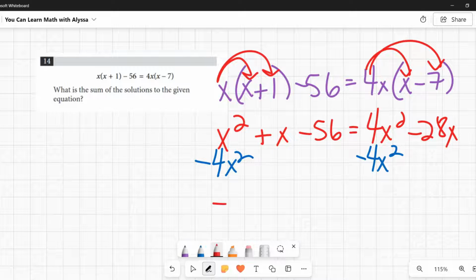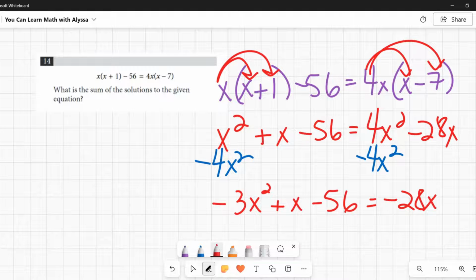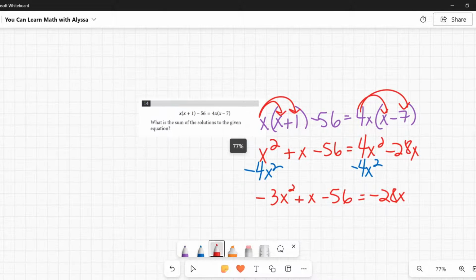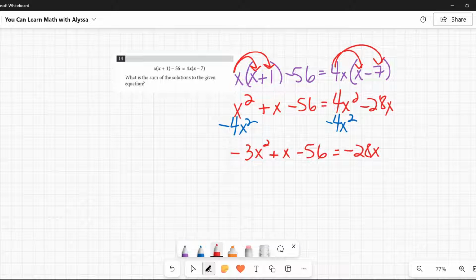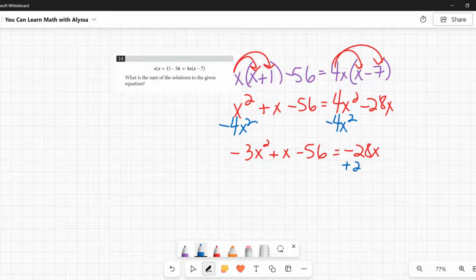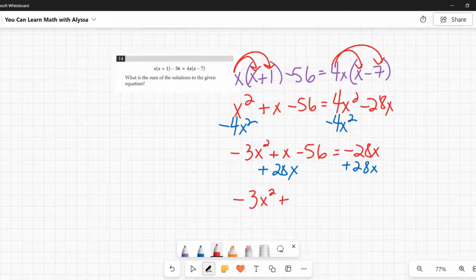That gives me a negative 3x squared plus x minus 56 on the left, and that negative 28x on the right. There we go. Then I am going to add the 28x to both sides, and that gives me a negative 3x squared plus 29x minus 56 equals 0.